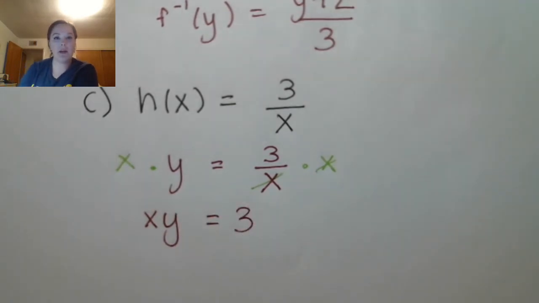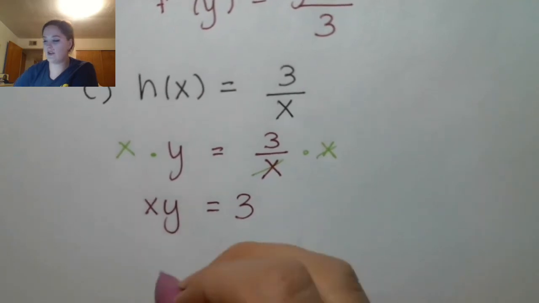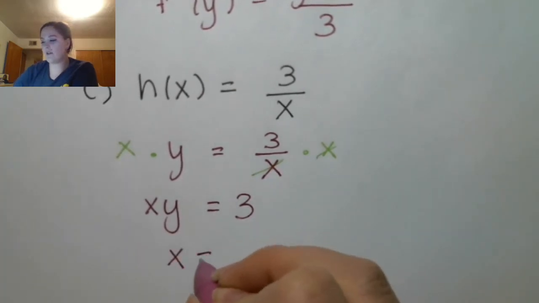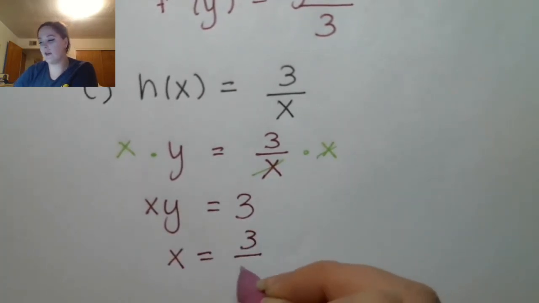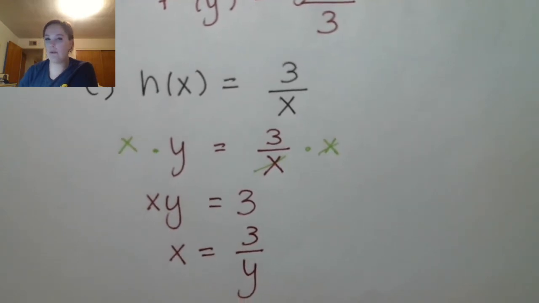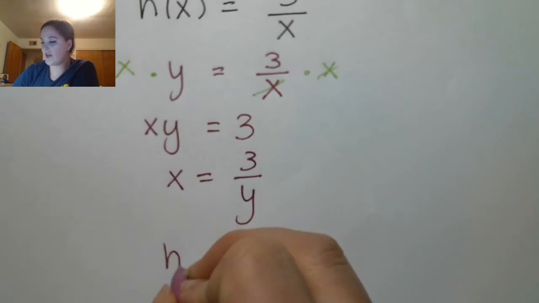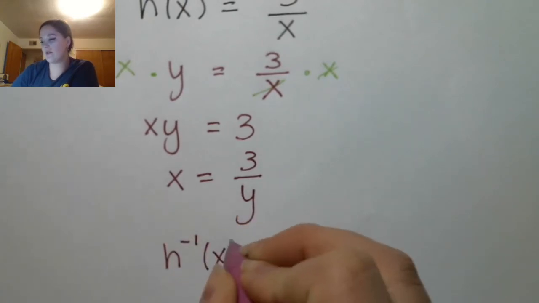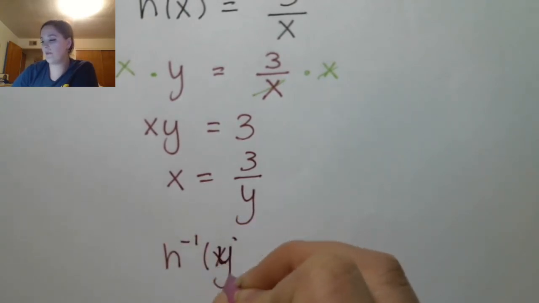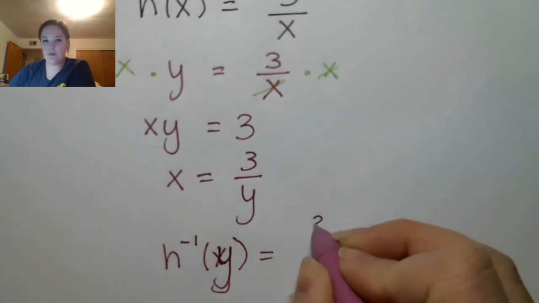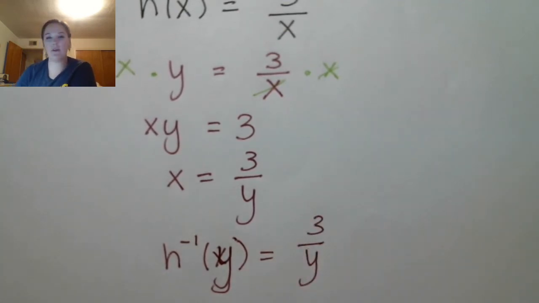Remember, we're trying to isolate x, so I'm going to get rid of this y by dividing it to the other side. So I would get x equals 3 divided by y. Now I can change to inverse notation, h inverse of y equals 3 over y.